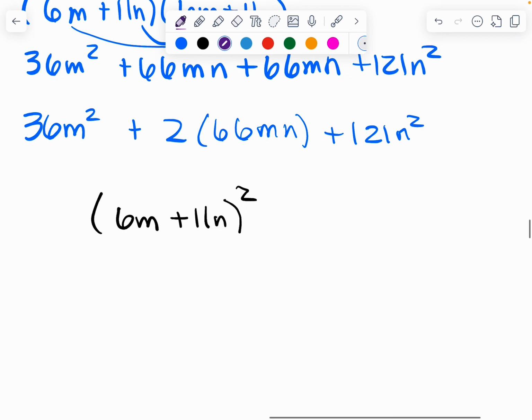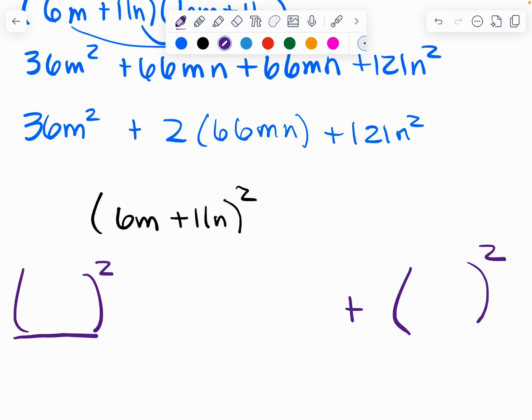and I'm going to set it up. So I have here my first term squared. I have here my last term squared. And in the middle, I have 2 times.